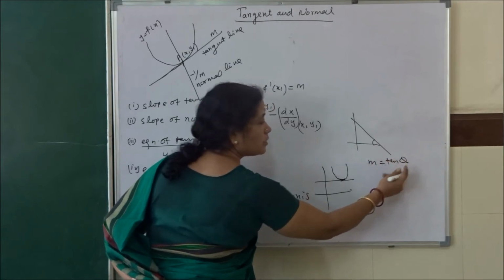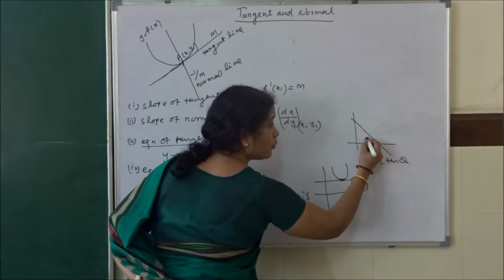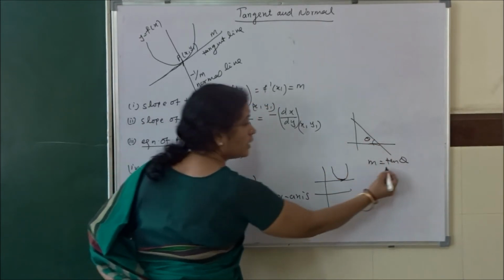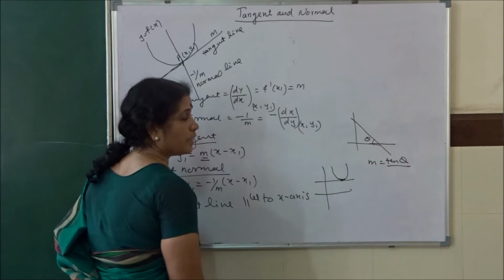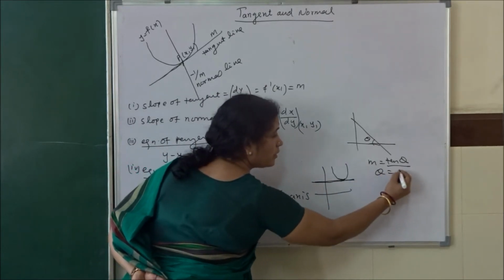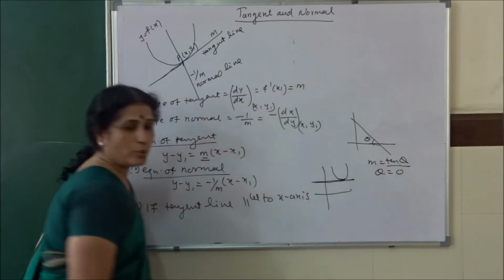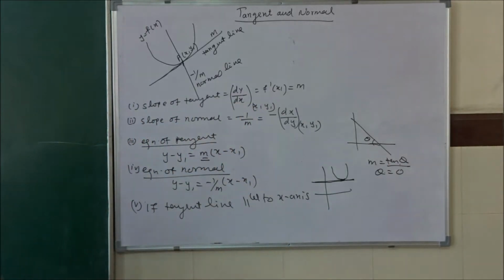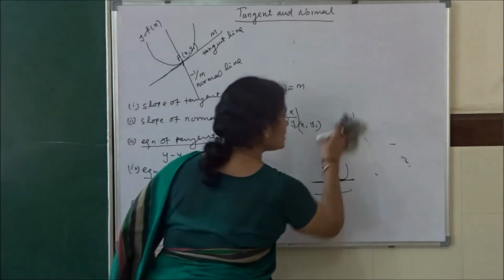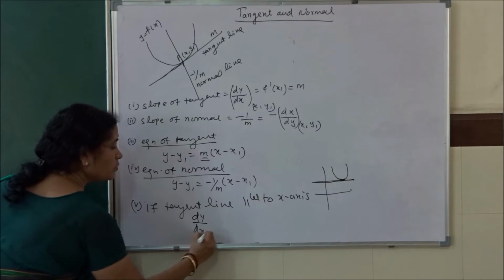Am I correct? This formula you have seen. Here that line is parallel to x-axis, so what is theta here? 0. That is tan 0. Tan 0 is how much? 0. So if tangent line is parallel to x-axis, then what we are getting? Slope dy by dx is equal to 0.